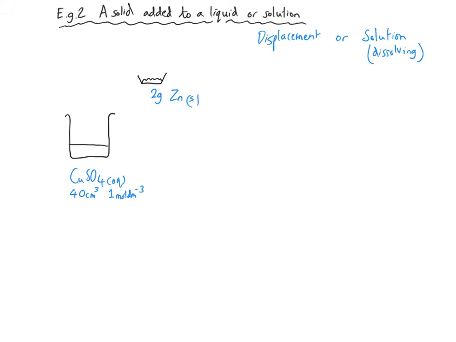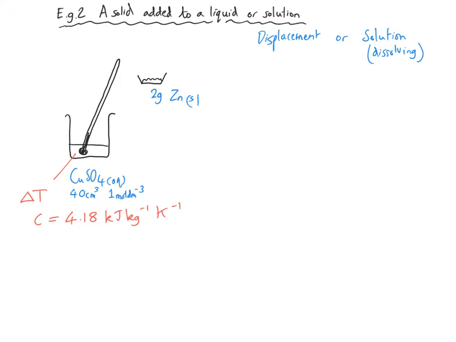And so if we think about the temperature change, we need to know the temperature of the copper sulfate at the beginning and at the end. So our delta T will come from the copper sulfate. And so our thermometer would of course therefore need to go into the copper sulfate. And that means that the specific heat capacity would be the specific heat capacity of the solution, which once again we would assume would be the same as the specific heat capacity for water, so 4.18 kilojoules per kilogram per Kelvin.